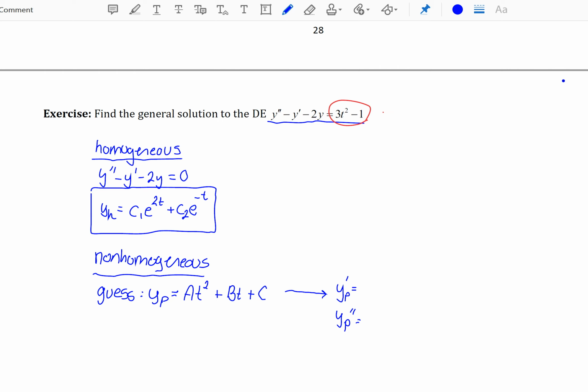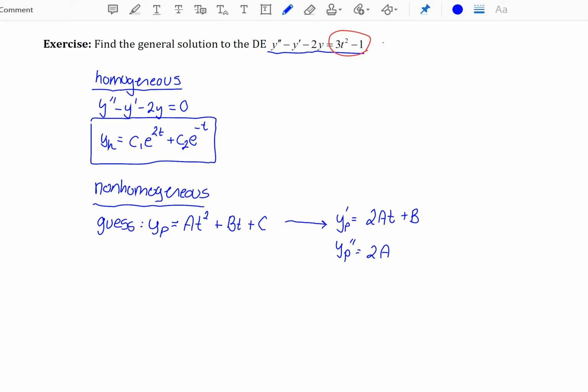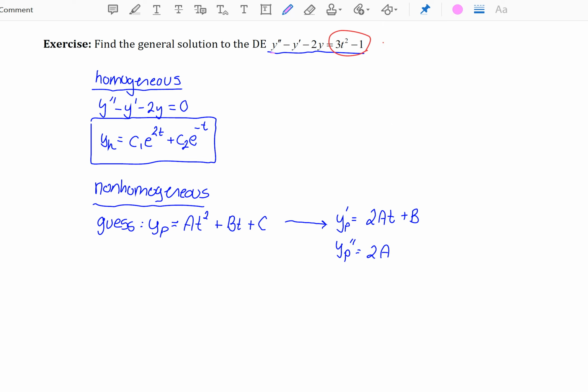Now for a polynomial, with constant coefficients, our first derivative would have to be 2at plus b, and our second derivative will just be 2a. With these as our first and second derivatives, I want to evaluate our DE. So let's plug in y double prime, y prime, and y.